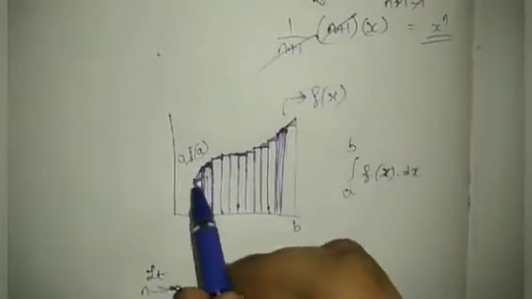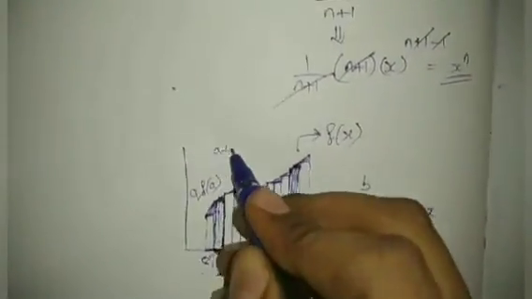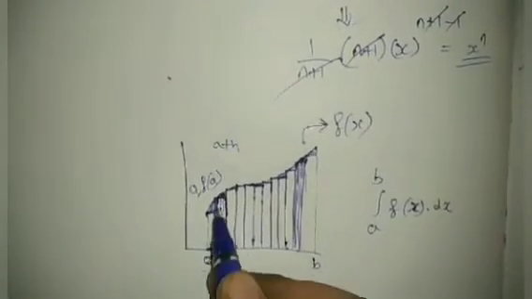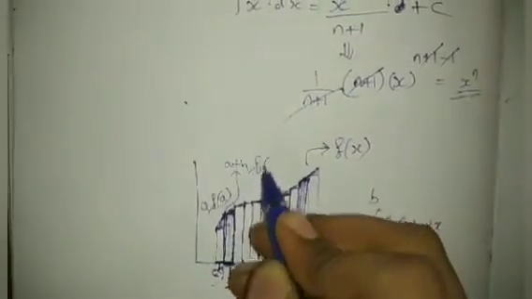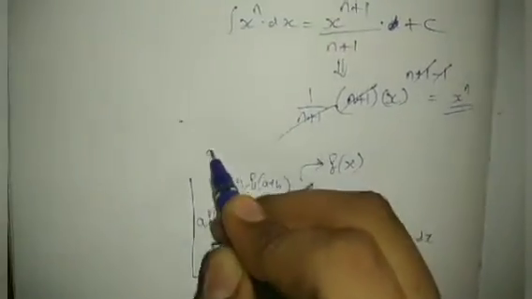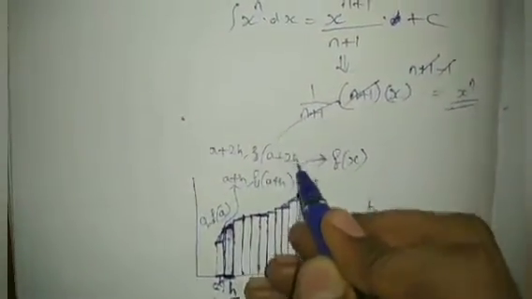So now the next point you consider will be a plus h. Can you get it? This is a and h distance. For example consider this point, it will be a plus h comma f of a plus h, correct. Similarly the next point will be a plus 2h comma f of a plus 2h, correct.